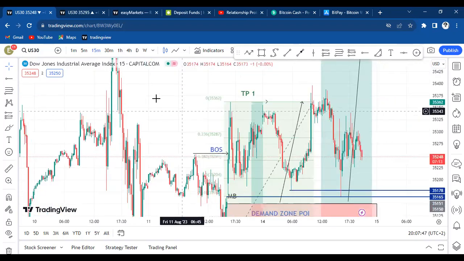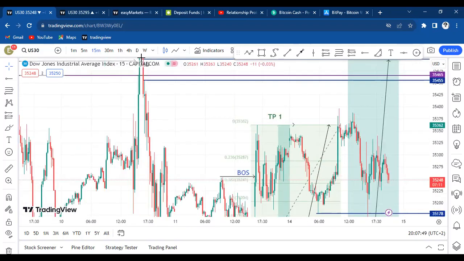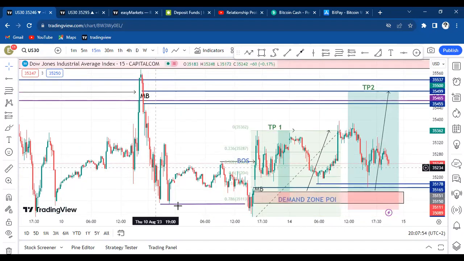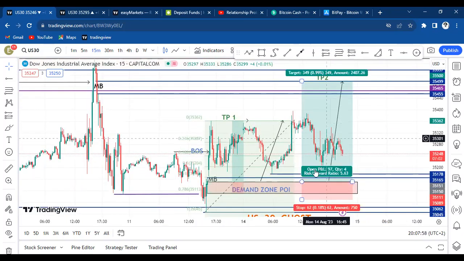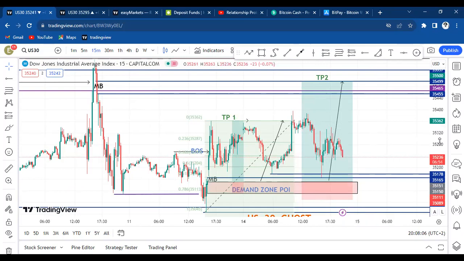So what we are saying is we had an impulse. This was our impulse. So the market is correcting, and during this correction, we want the market to move in a corrective mode, and we get our buys going to the upside.